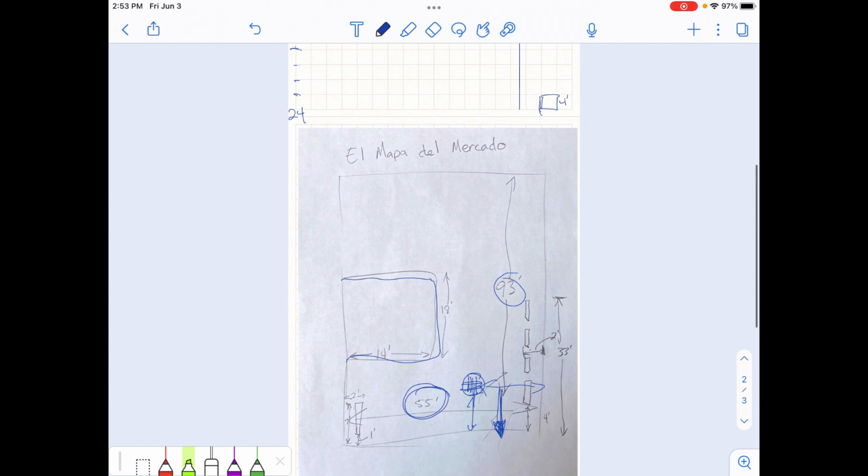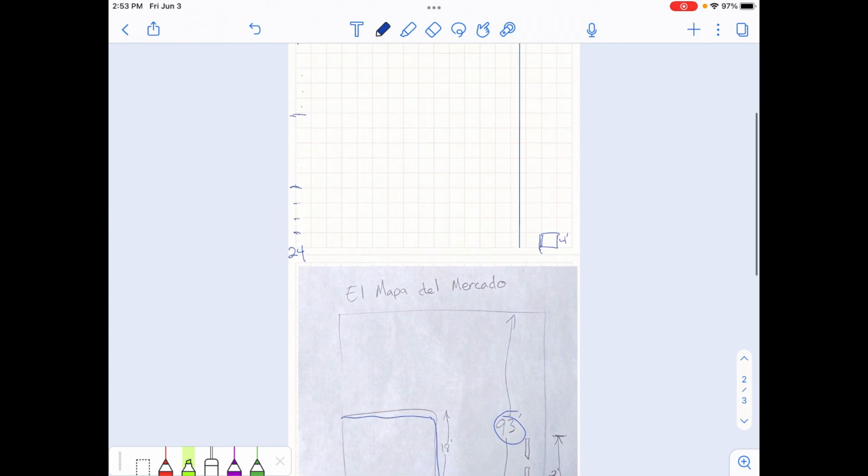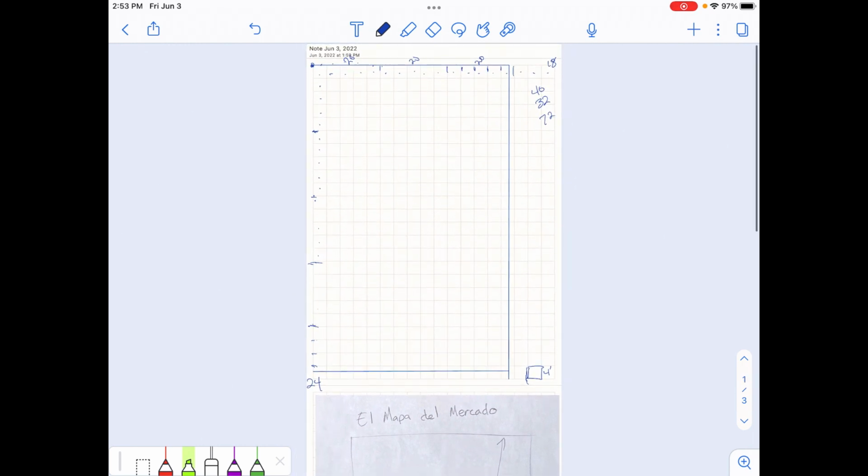So that's really close. We need to go just over 92 to get to 93, and then we can do that same idea there. Okay, so there we go. Now that gives us our big dimensions for our mercado. So now we know this is the outside perimeter.